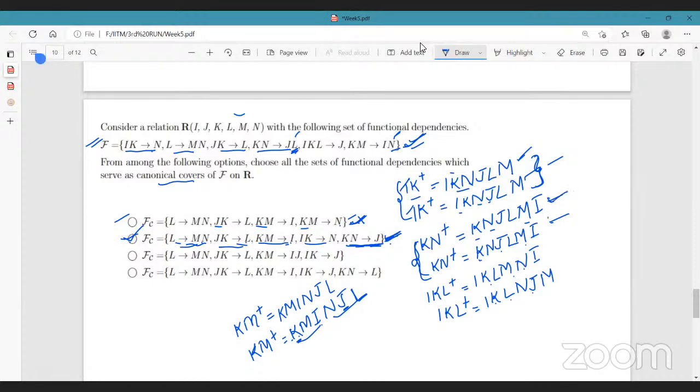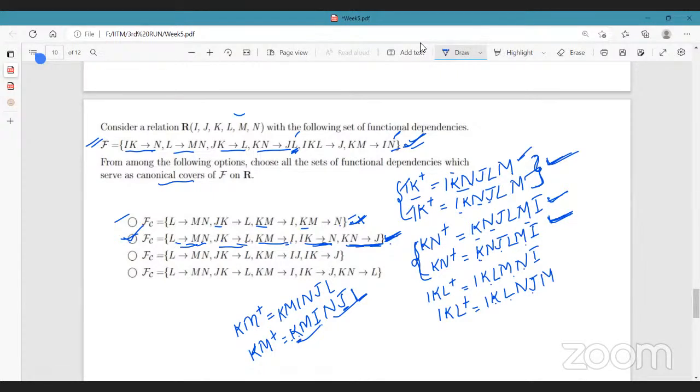Ik determines N was also present in both. Sorry, I didn't check, but it is still giving the same result, so it is not required. It is better to pick out the dependencies which are not present. Exactly, that's right.